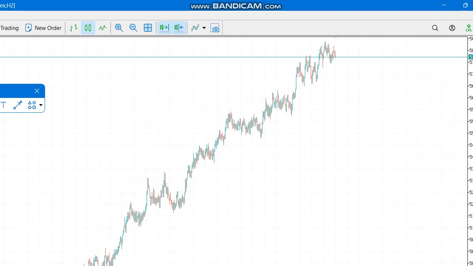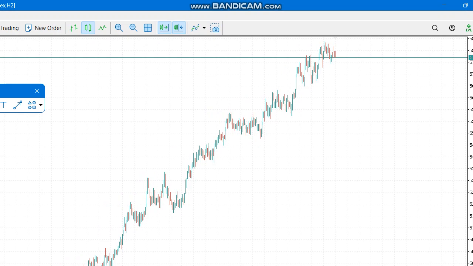In essence, the market is supposed to move in a certain manner. It doesn't move haphazardly. If it did, it would be so hard for forex traders to predict the market.